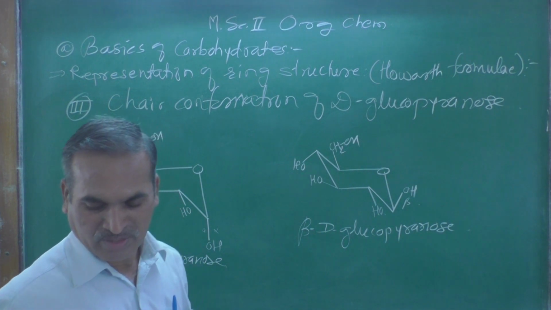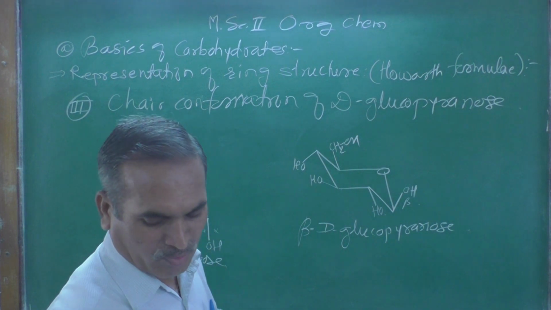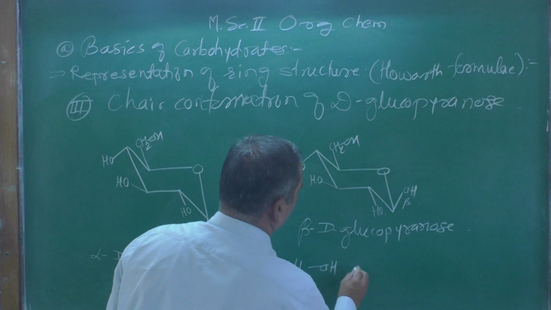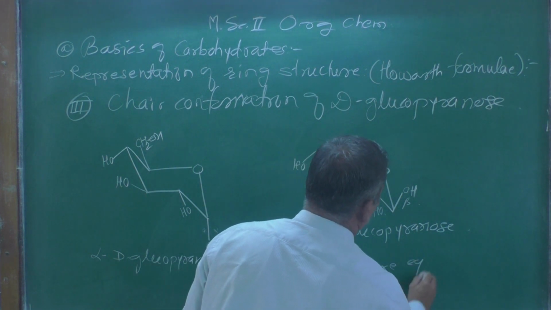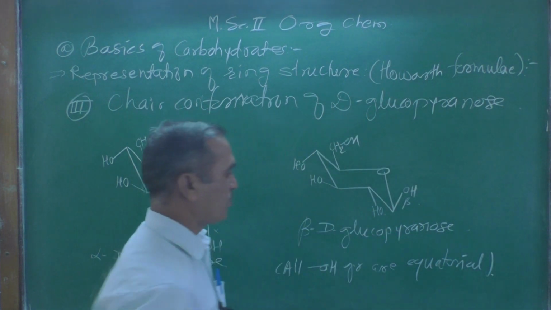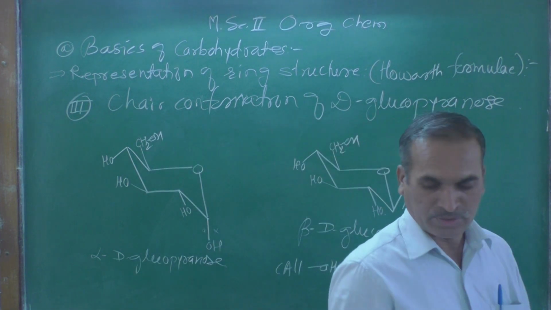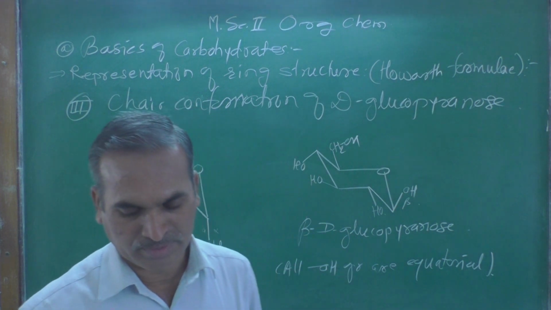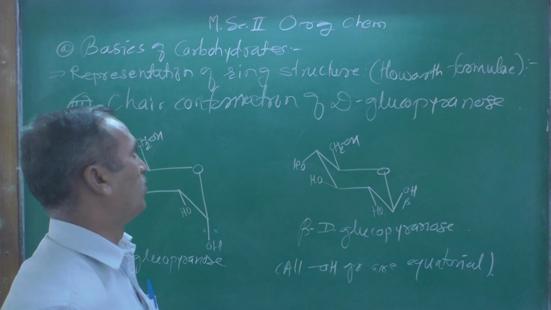So here all OH groups are equatorial in this case. All OH groups are equatorial. That's the highlighted point you should remember. So this is all about what we call the Haworth formulae.